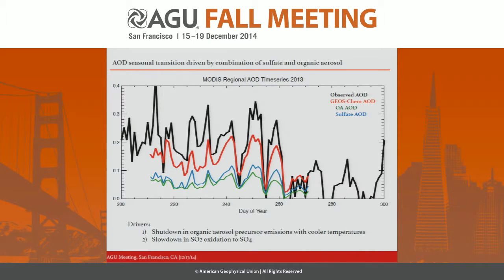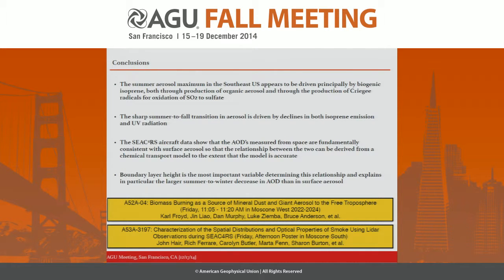As the seasonal transition occurs, you're getting less UVB, and so you're forming less HOx. And because of HOx competition for NOx, you're shutting down hydrogen peroxide production as well. What we're getting here is a consistent picture between the surface data, the satellite data, and the aircraft data. It's telling us that this extinction and this seasonal transition can be explained by what's going on in the boundary layer.